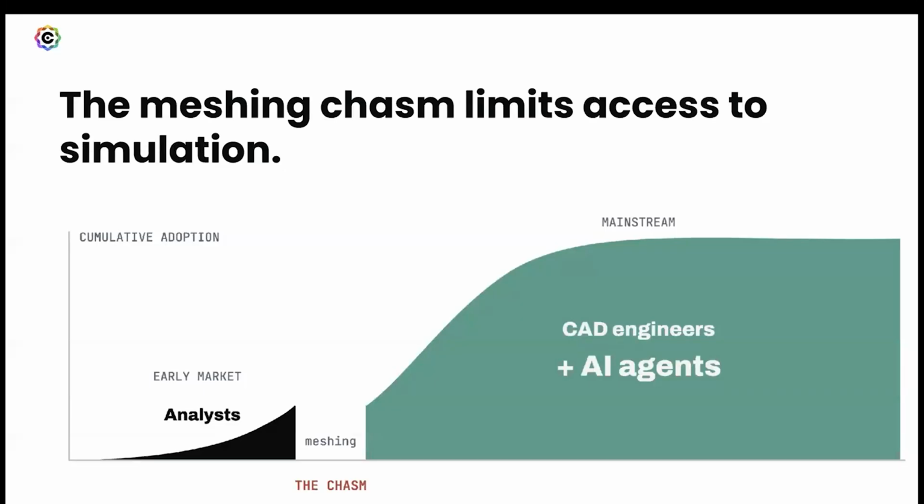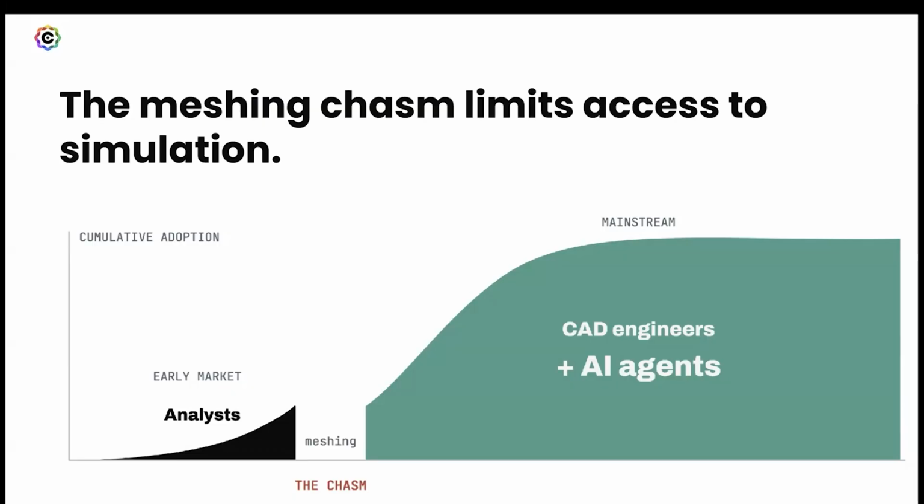That chasm has limited access to simulation. In the past, that's been significant because it's limited the broadest use of this high fidelity simulation to analysts and prevented CAD engineers from accessing it. And this problem is becoming even more acute as we enter the era of artificial intelligence.